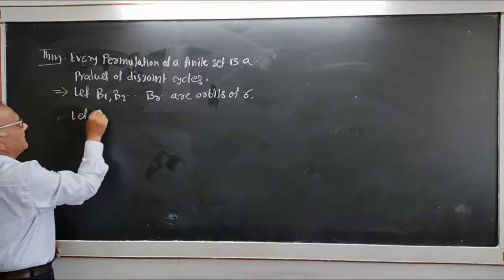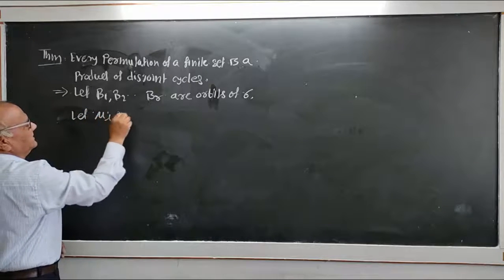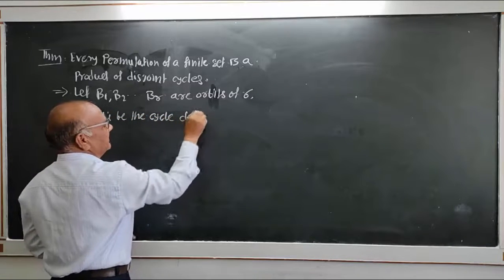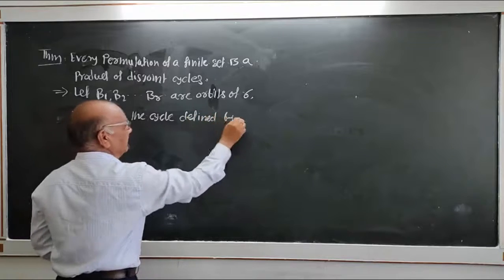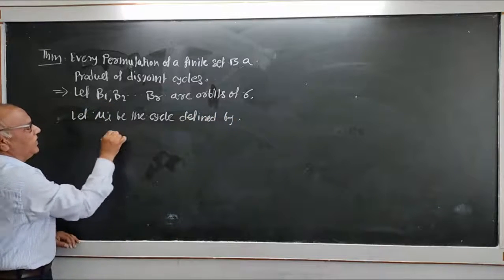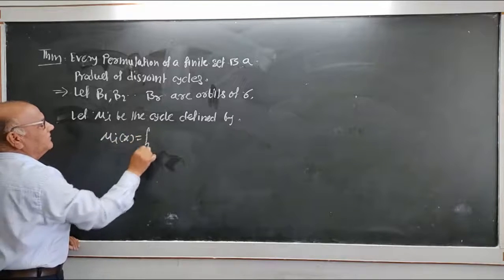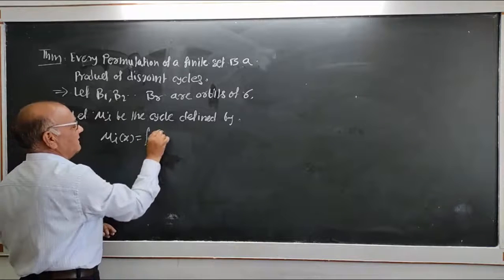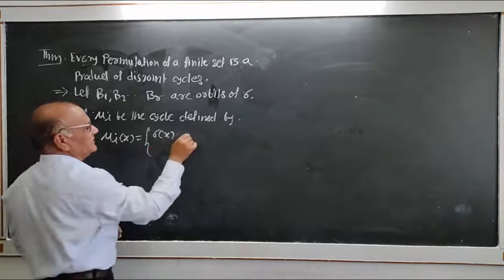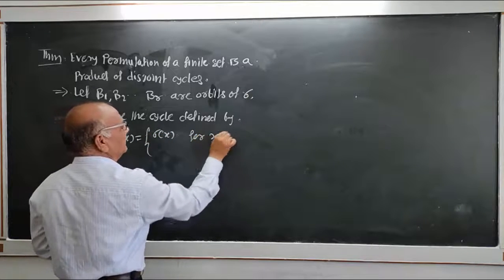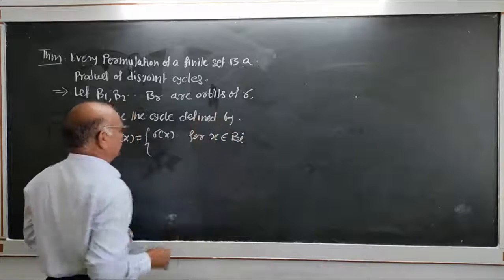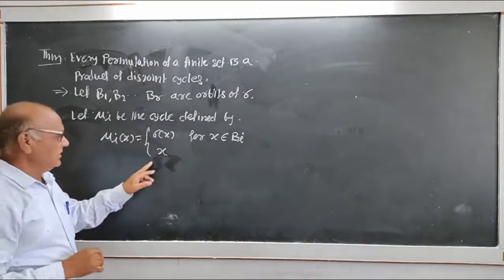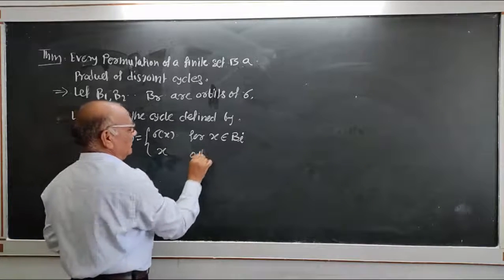Let mu i be the cycle defined by mu i of x is equal to sigma x for x belonging to Bi, or x otherwise.